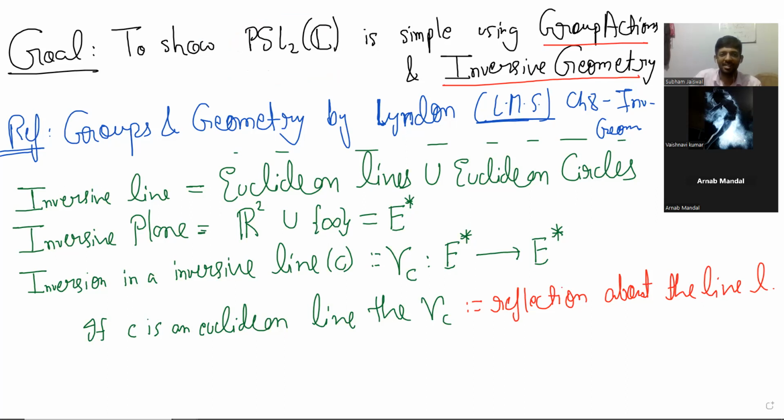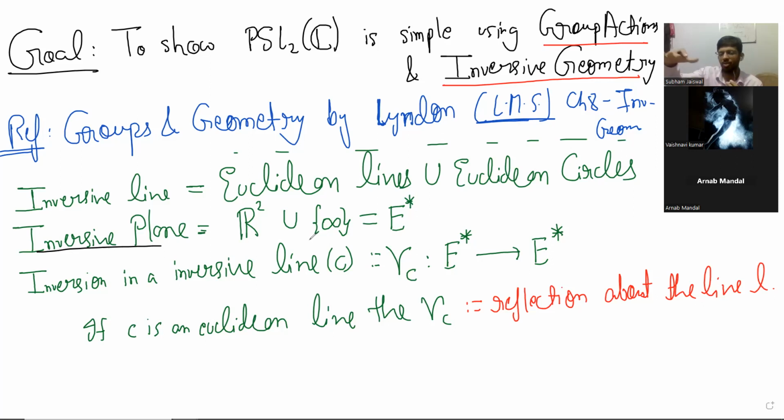So, is this okay, everyone? This function on a Euclidean line is just reflection. Yes or no? Someone asks what the inversive plane is. Just think of the inversive plane as R² with a point at infinity. It's a plane maybe which you cannot imagine.